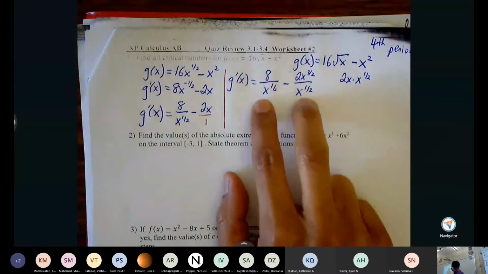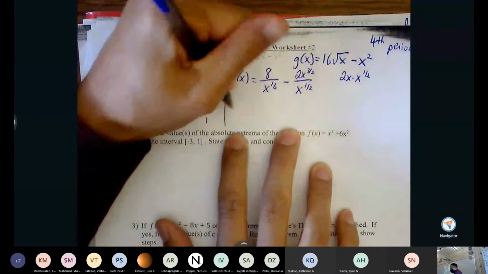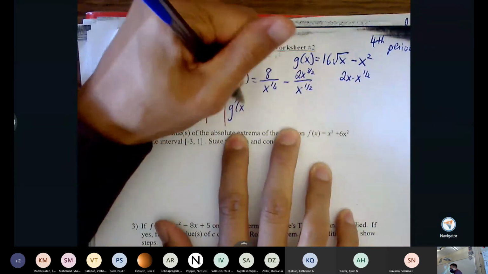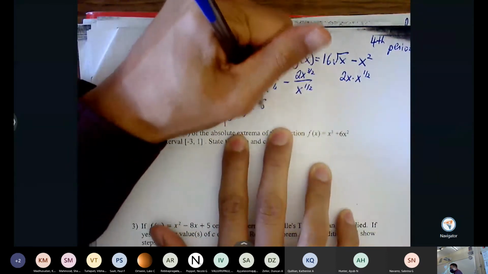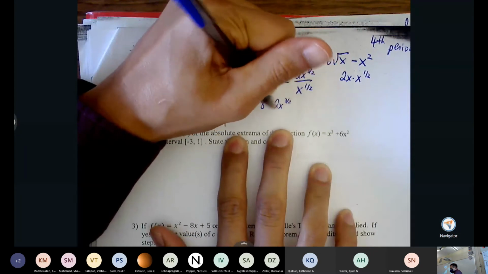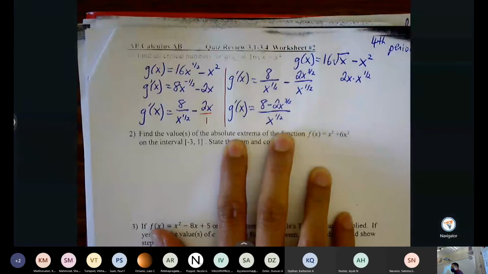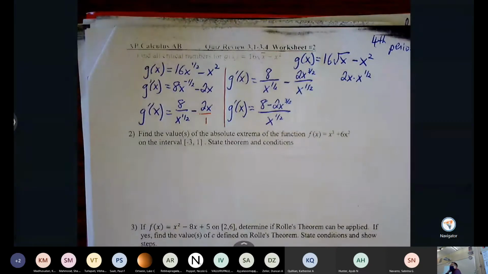Okay, so now we're in a much better position because our denominators match. We can now have it as one fraction. We can look for critical points in both locations now. Mr. Yang, would it be an inequality instead of an x equal because any value less than 0 would make it undefined?